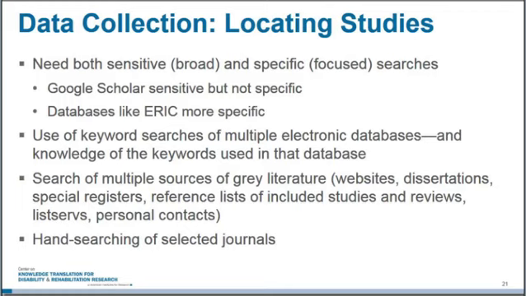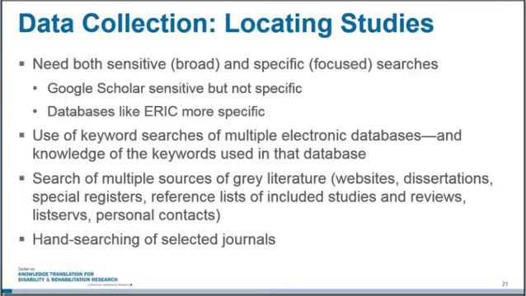If you've ever used Google Scholar, you'll note that it is a very sensitive and very broad search. You get a lot of hits, but they're not very specific. Databases like ERIC or PsycInfo are much more specific. You would need both kinds of searches to identify a set of studies for your review.